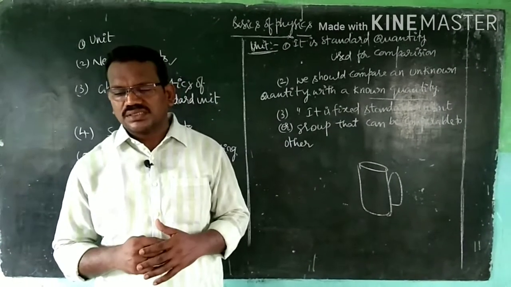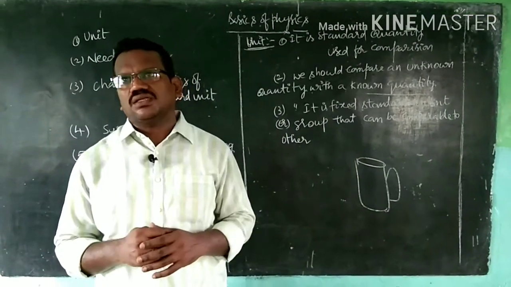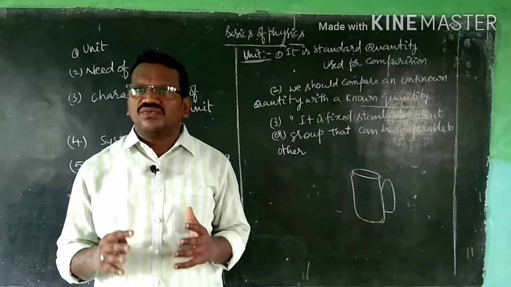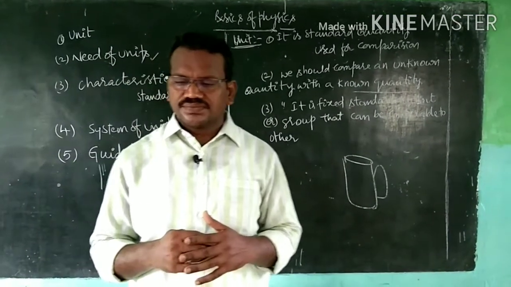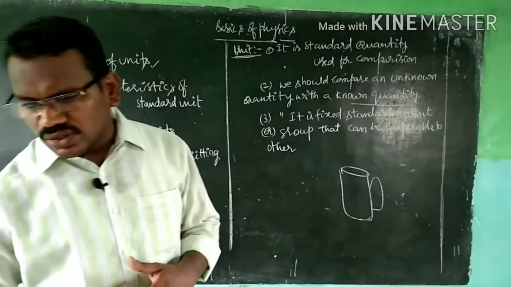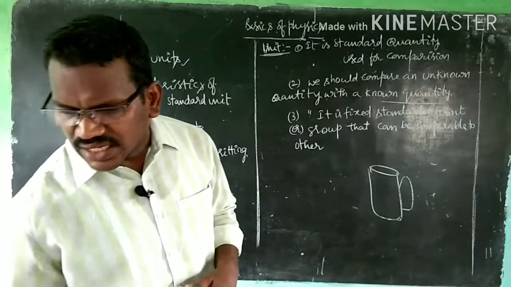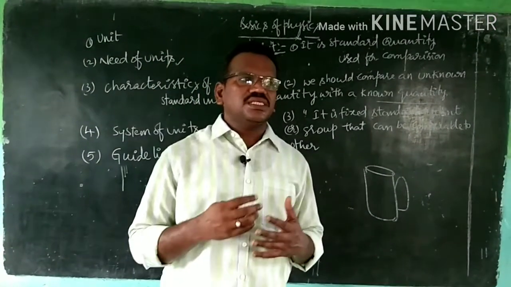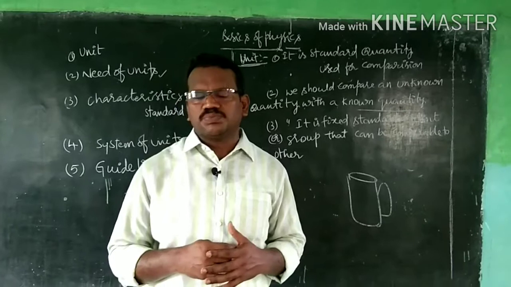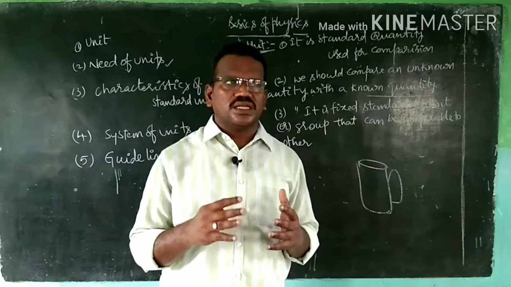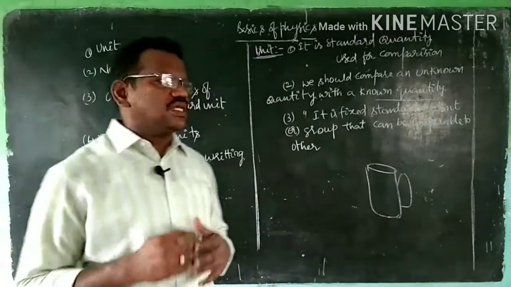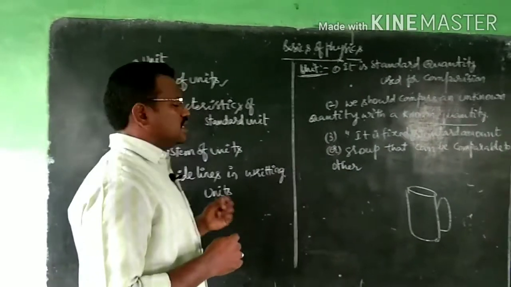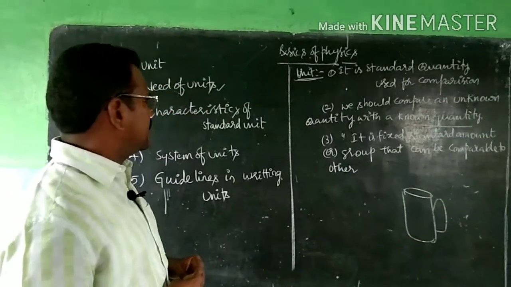For that purpose, in 1971, the Bureau of Indian Standards and the International System of Units gave certain rules and regulations for writing a standard quantity.